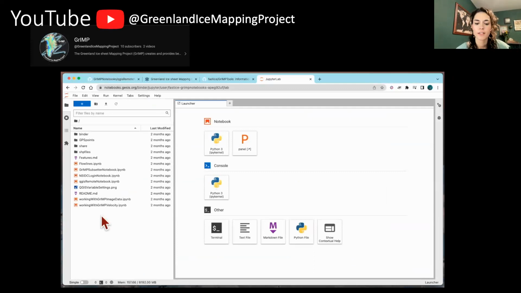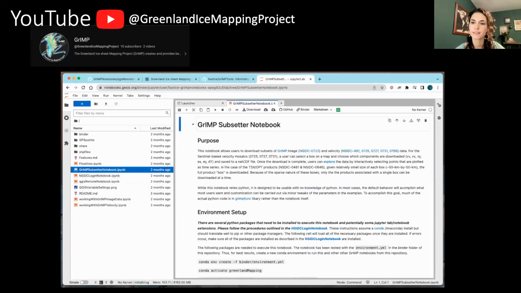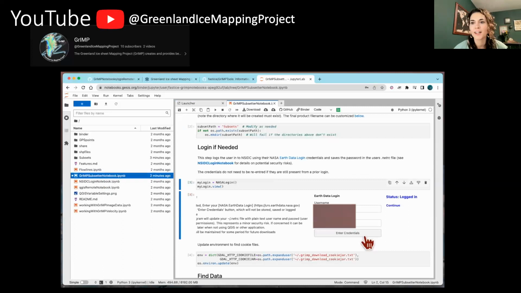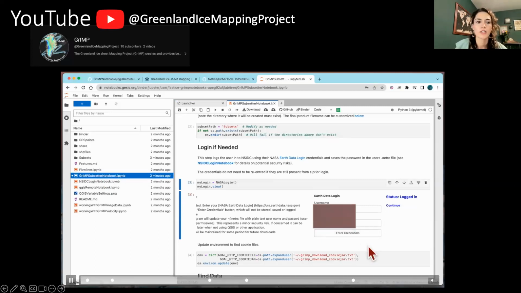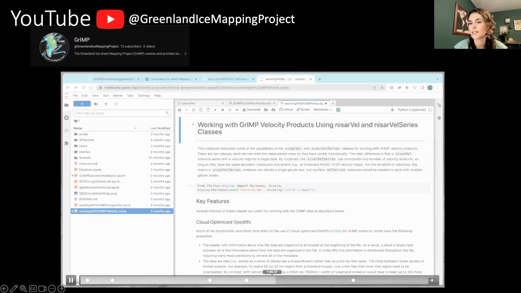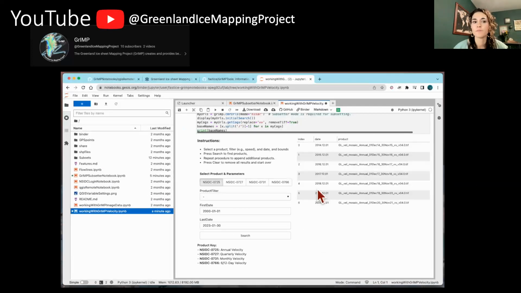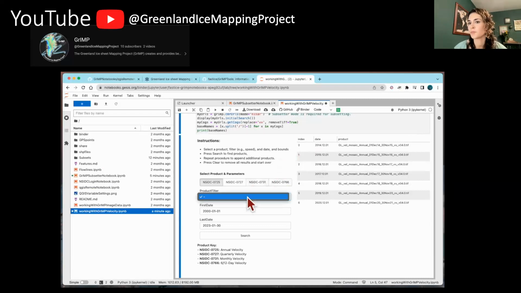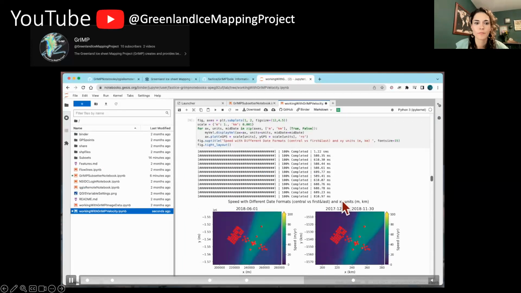They have a lot of metadata and descriptions that walk you through how you can easily access the different data products, maybe subset, grab an example, look at it, throw it back, maybe download if you like, and a bunch of really neat plotting routines. Anyone with a NASA Earthdata login, which I think is pretty easy to get, can then access and play with this data and plot what's changing on the Greenland ice sheet in real time.